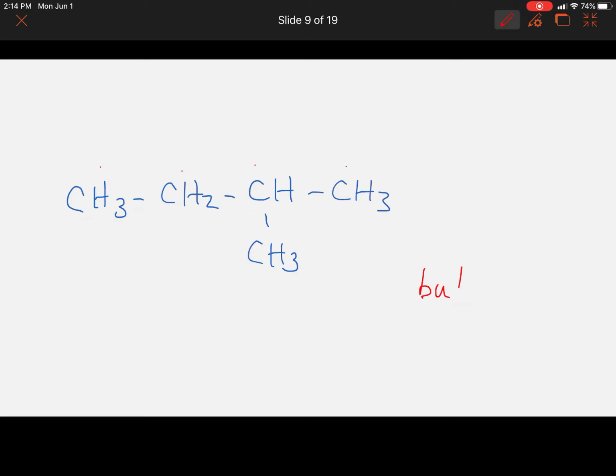Oh, sorry, let me recopy this. It has to be continuous. So my longest carbon chain is going to be 4 in a row. The prefix for 4 is but. The ending is always going to be ane, right? So butane is my parent chain.